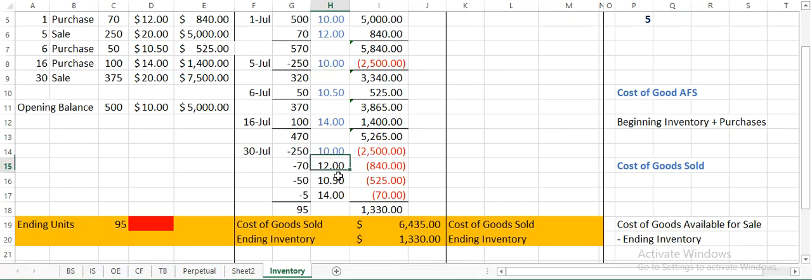So we just bring that down and calculate everything, and we came back to our ending inventory, which we calculated the whole time along the way. And then once we had that, our cost of goods sold is the total of all of the costs that we calculated, and that's always the case under the perpetual system.